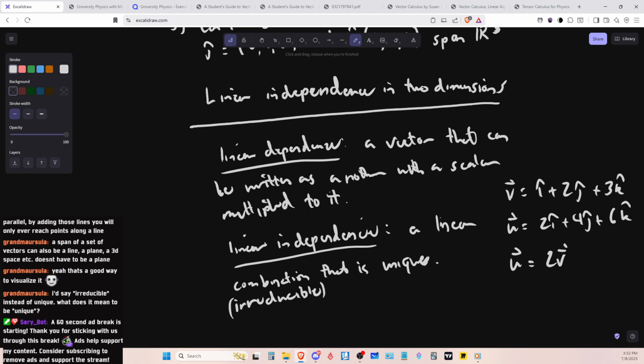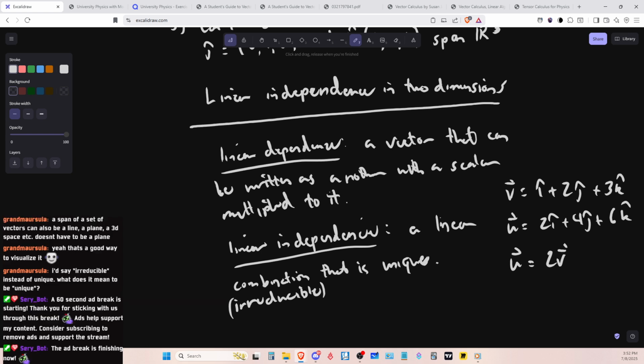So they go over linear dependence. Okay, here we go.